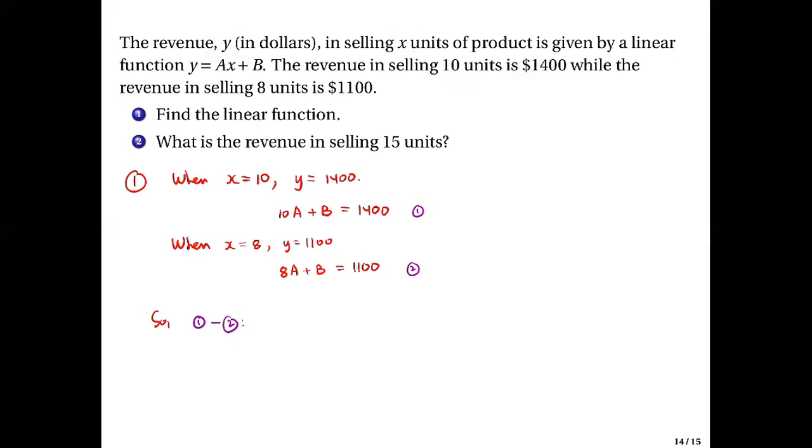So if we do that, we'll have 10A minus 8A. That's just 2A. And then here, B minus B, that's just 0. And then here, 1,400 minus 1,100, that's just 300. Which means that A is equal to 300 over 2, which is equal to 150.